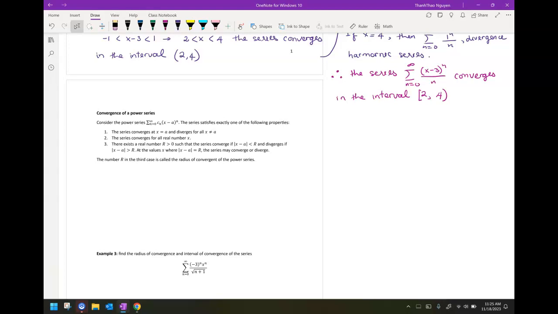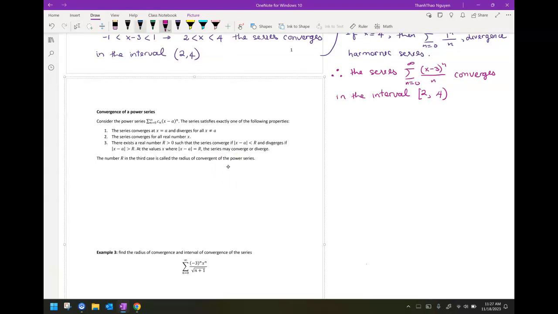There is a real number r greater than 0 such that the series converges if the absolute value of x minus a is less than r and diverges if it is greater than r. At the value where x minus a equals r, the series may converge or diverge. The number r in the third case is called the radius of convergence of the power series.